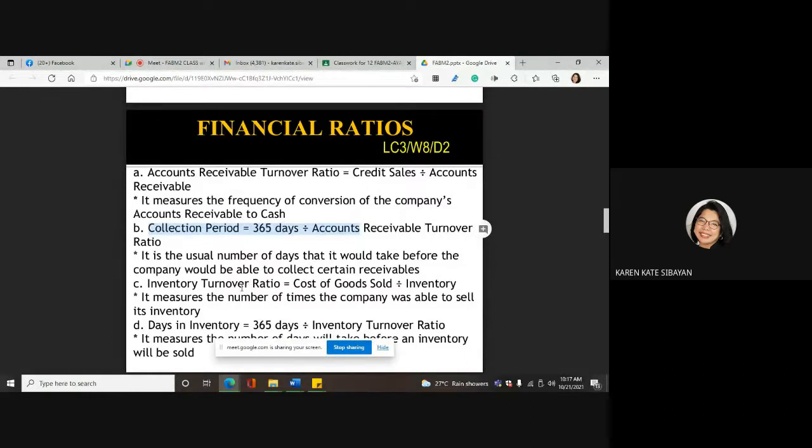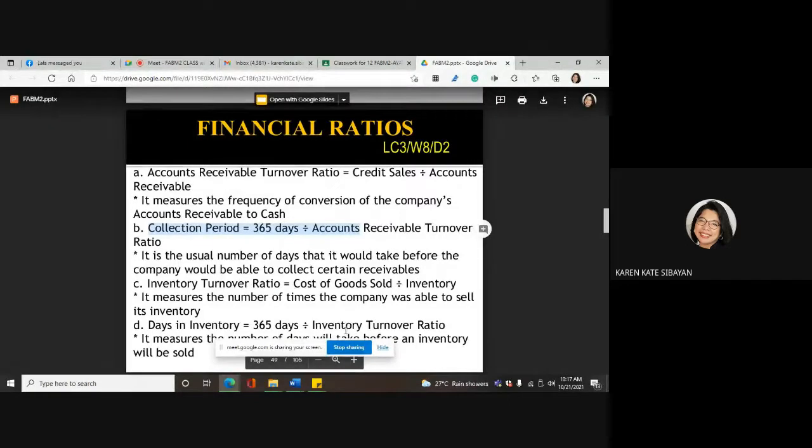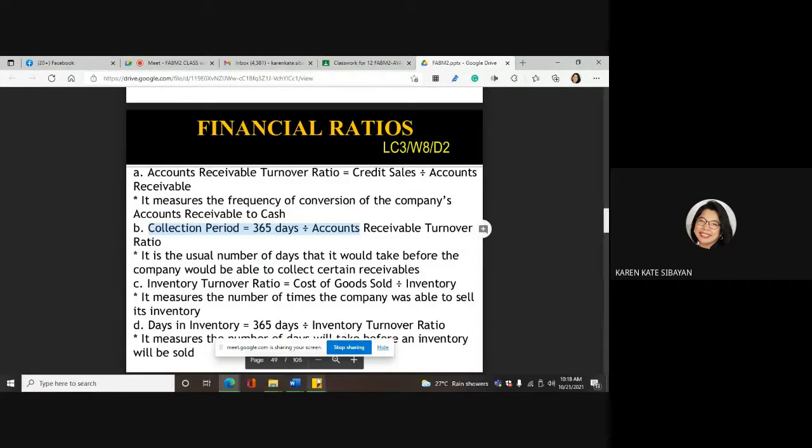That's why it is important that if you have a customer na mangungutang sa'yo, it's safer to have notes, promissory note, a note to pay, or payment terms.